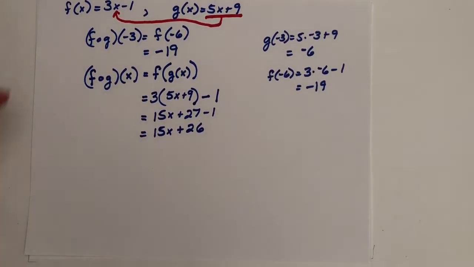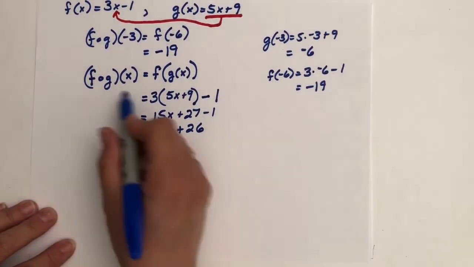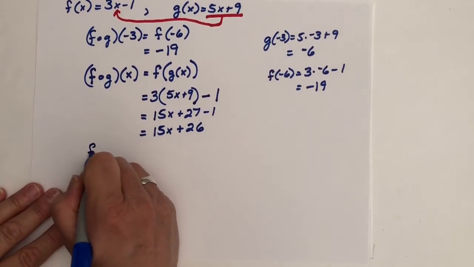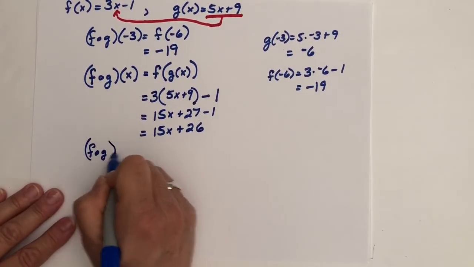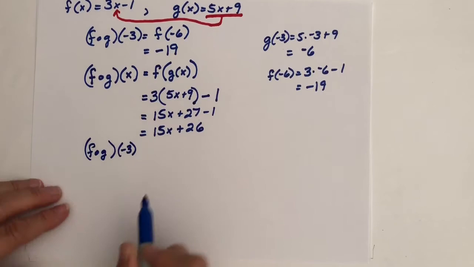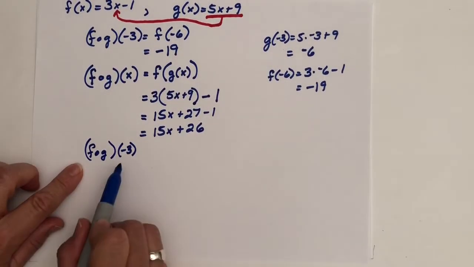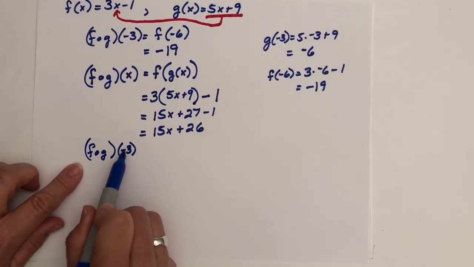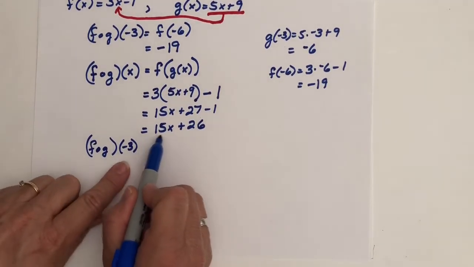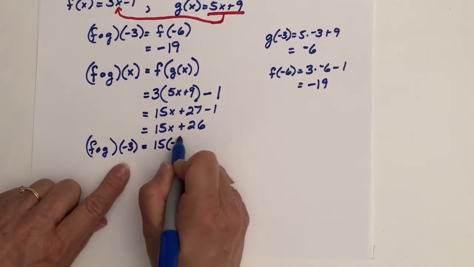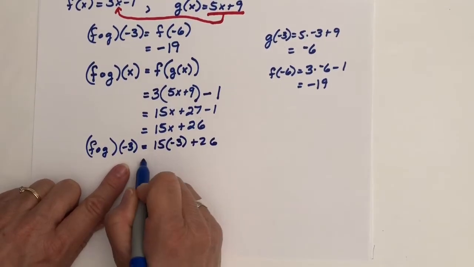Now, let me point out, suppose we hadn't already done this problem, and I now asked for f composed with g of negative 3. Instead of putting negative 3 into the g function and then the result into the f function, I could just put this negative 3 into our new composite function, 15 times negative 3 plus 26.